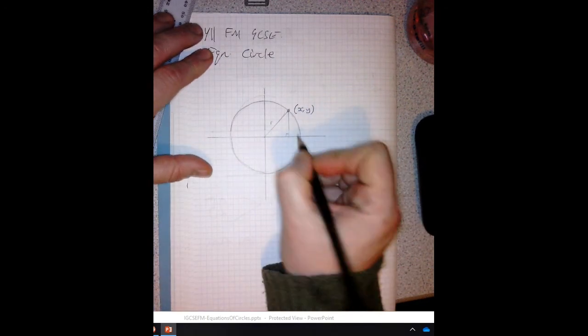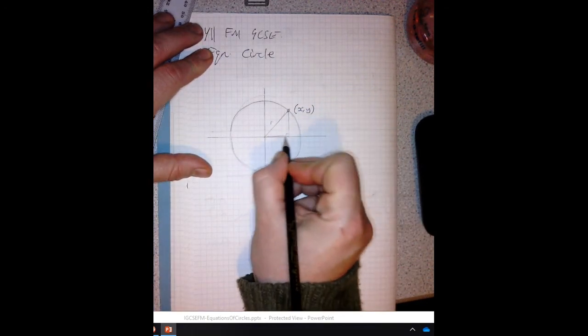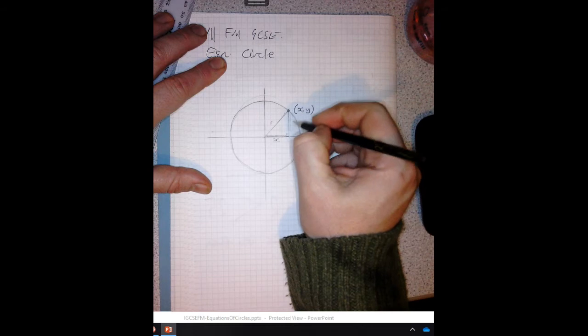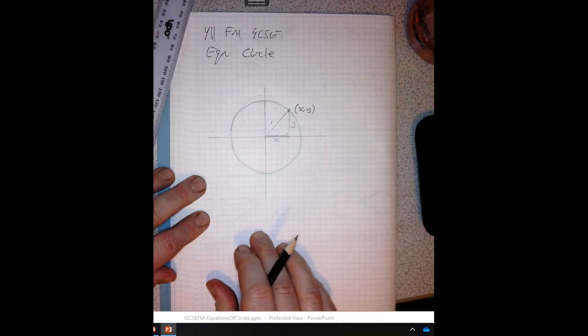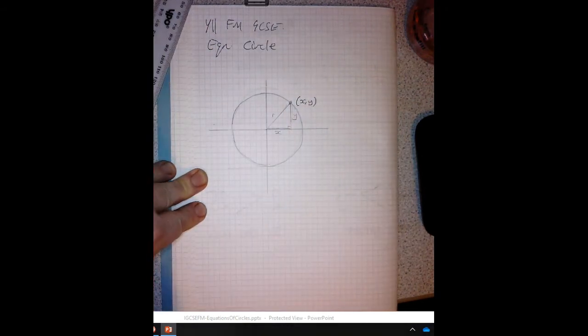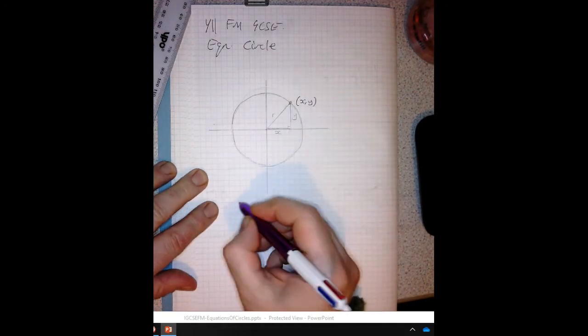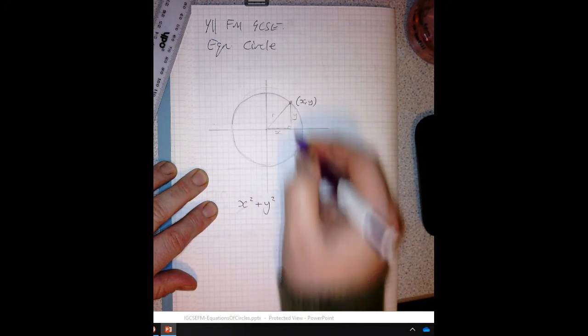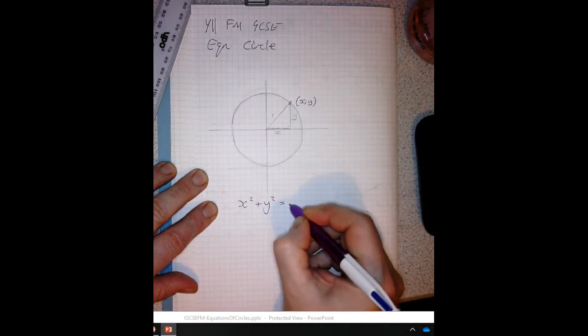However, it's a circle. If we take a random point that could be any point on the circle, so I'm just going to label it X, Y. My radius could also be anything, so I'm just going to label the radius as R. I'll drop this down.